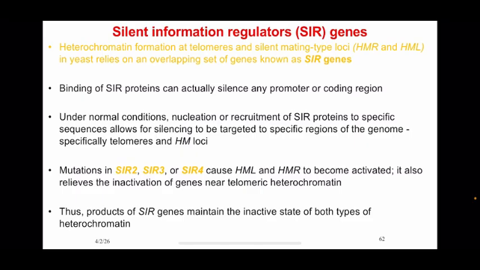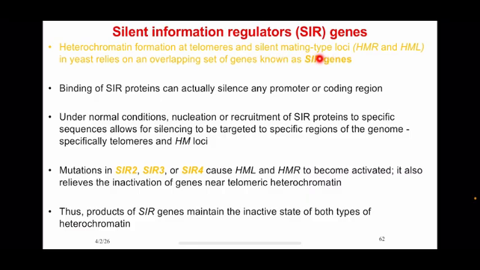So let's look at the SIR genes or the SIR complex, right? The SIR proteins, just like the HP1 we've looked at. Heterochromatin formation at telomeres and silent mating type loci in yeast relies on overlapping SIR proteins. So the SIR genes or the SIR complexes play a role in mating type switching in yeast.